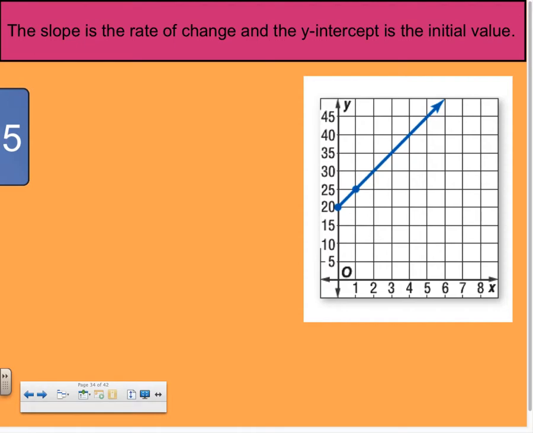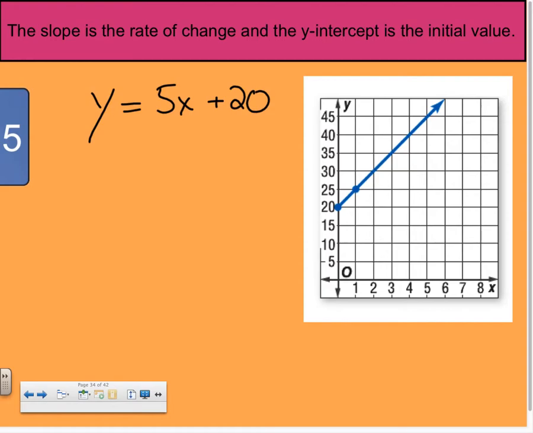And then they had to pay $5 for each shirt that they printed. They're probably going to sell them for like $15 and make a bunch of money off of us. Now, the cost to print the shirts is represented by this equation. They gave us this equation, y equals 5x plus 20.